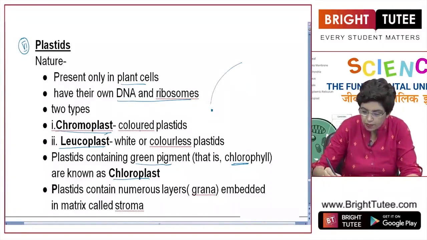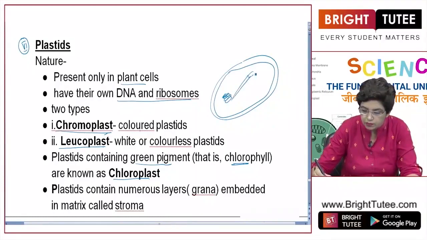So how to draw a plastid? Okay, double layer membrane. Then inside there are grana. This is a chloroplast. Okay, and this jelly-like matrix is the stroma, while these are grana.